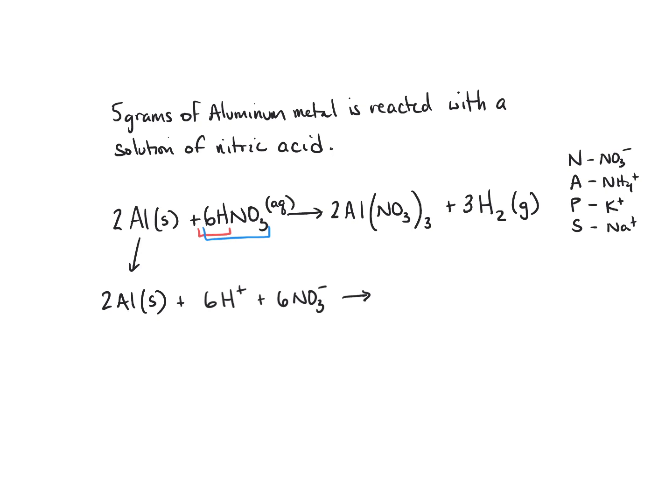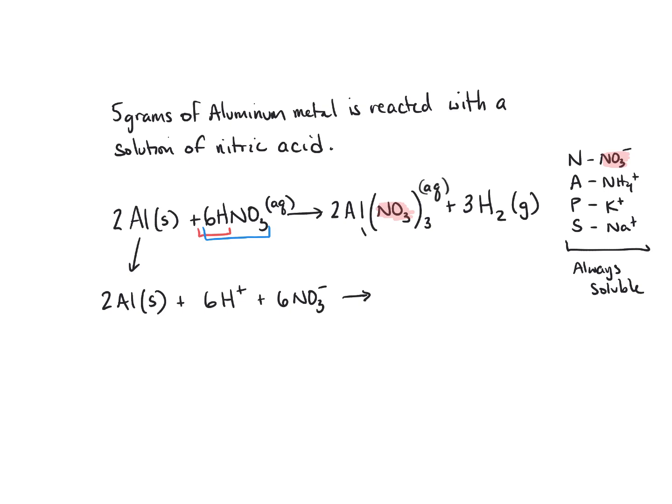Those are always soluble. So anytime those are in a compound, they're always going to remain in solution or remain in an ion form. Since we've got NO3, that tells us this is going to remain in aqueous solution.